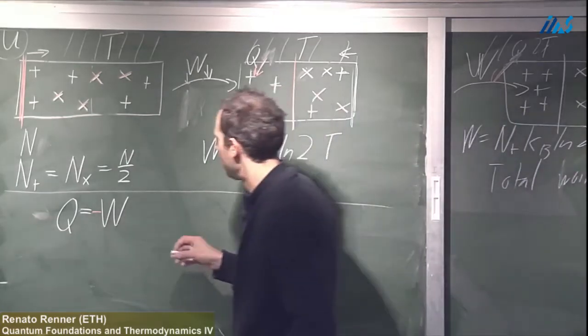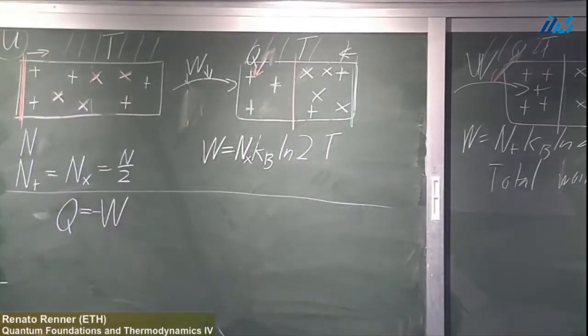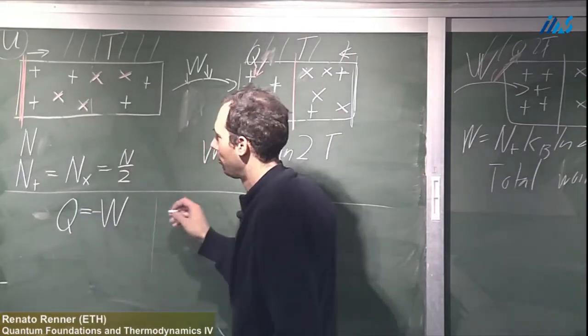Okay, now I can use this formula. This formula tells me that I can now calculate the entropy, because I know how much heat I lost. So this is a differential formula, but I can use it for the total process.